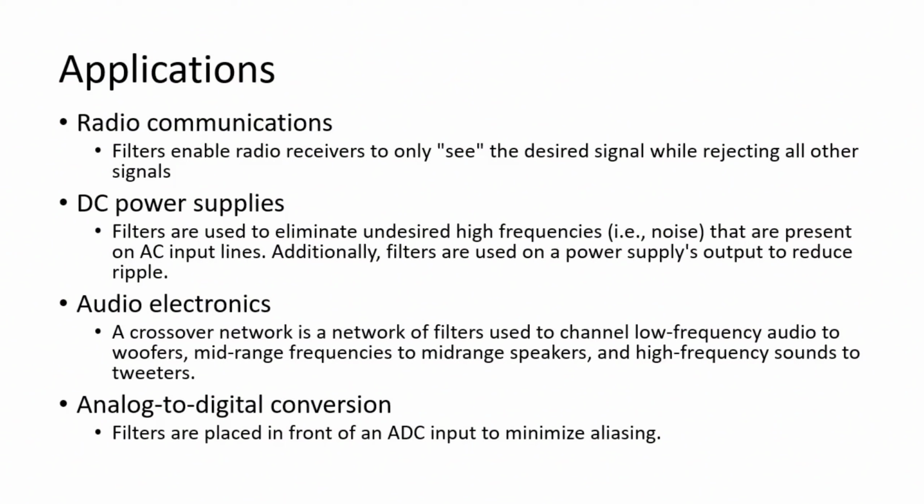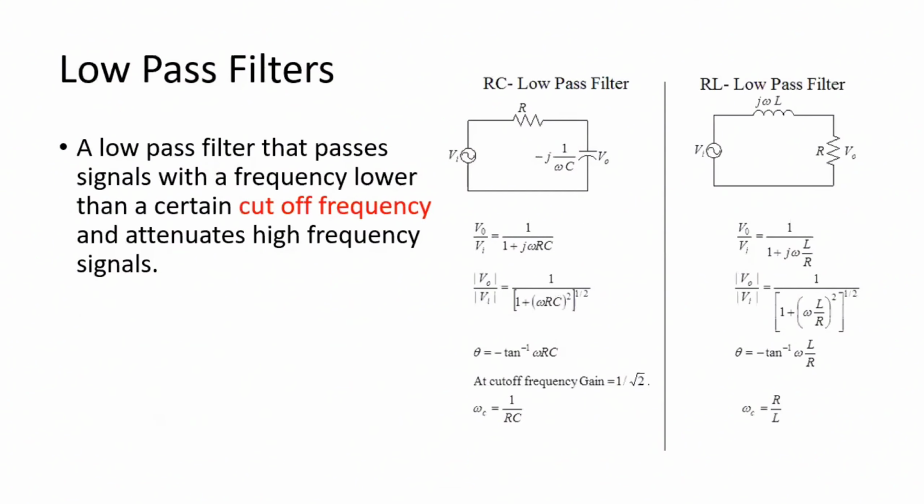Now we are getting an idea about the passive filters. There will be low pass, high pass, and band pass. Low pass filters will have a certain cutoff frequency, and after that frequency, they attenuate all the high frequency signals.